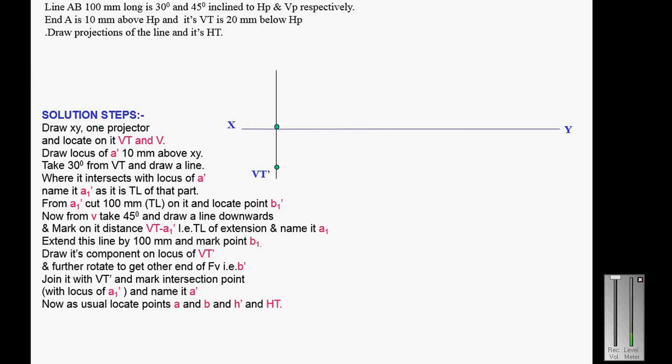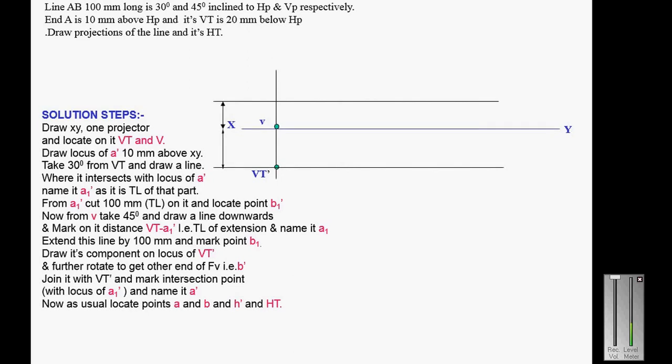First of all, I mark the vertical trace VT and V on the reference line.